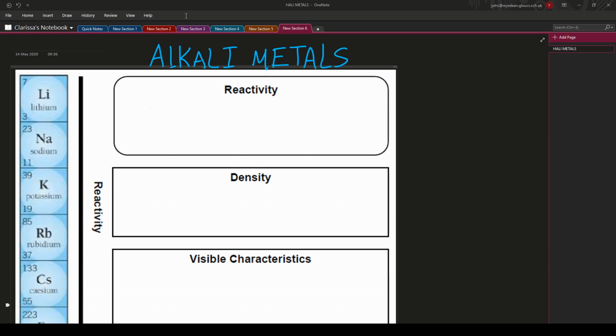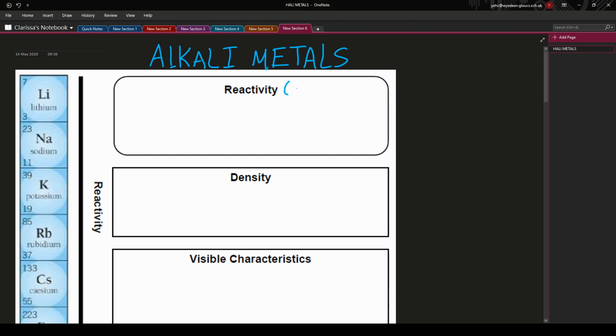So we have to know the properties of our alkali metals. What do they all have in common? Remember, the people who formed the periodic table noticed patterns emerging. What they noticed was that these alkali metals all belonged in group 1, and they have a lot of things in common. The first thing we have to talk about is reactivity.